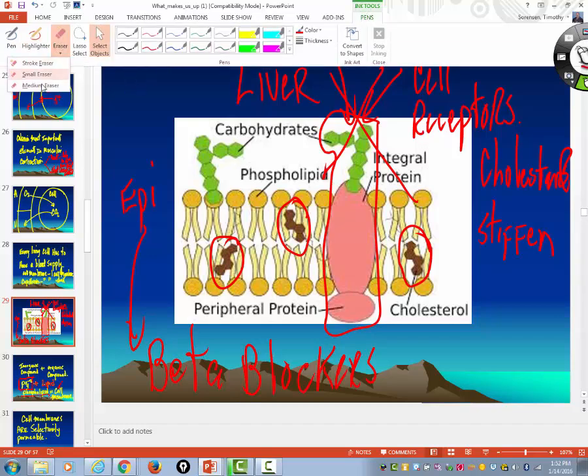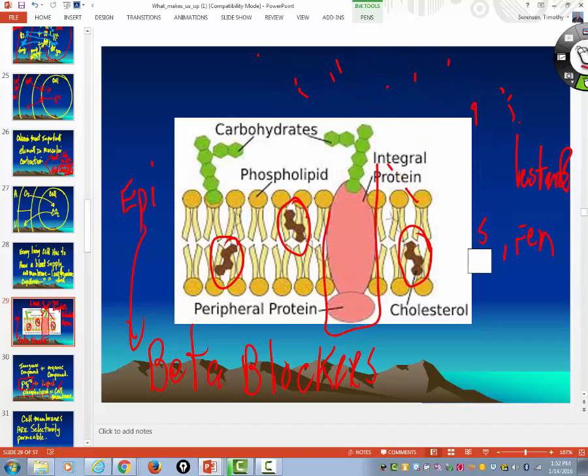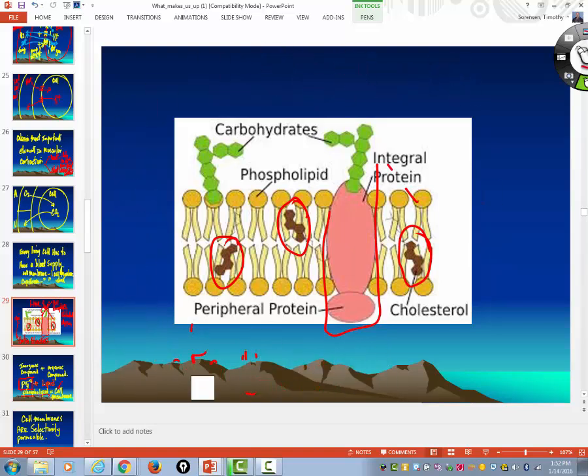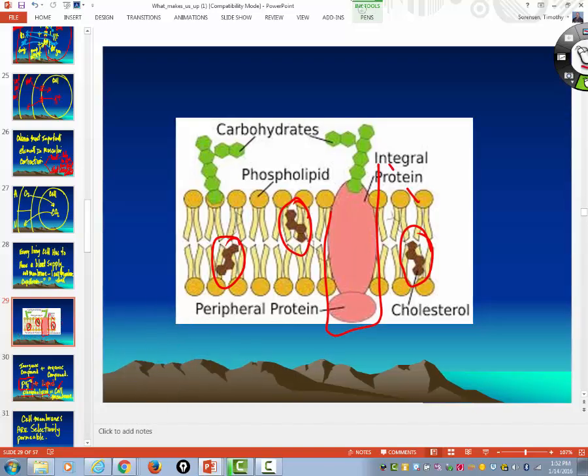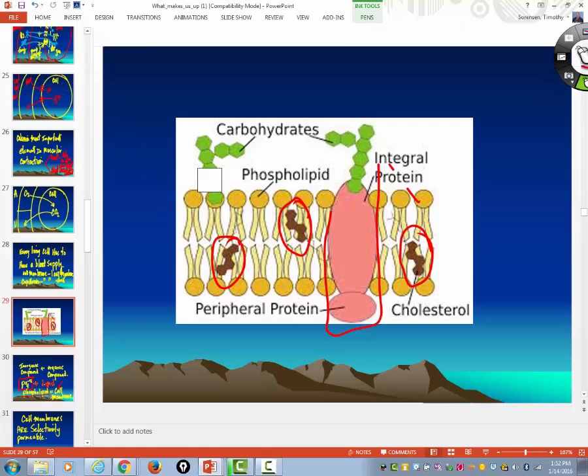The big compounds that you've got to familiarize yourself with are combinations of carbs, fats, and proteins, and also inorganic molecules can combine with organic molecules to form these macromolecules, and they're really, really important.